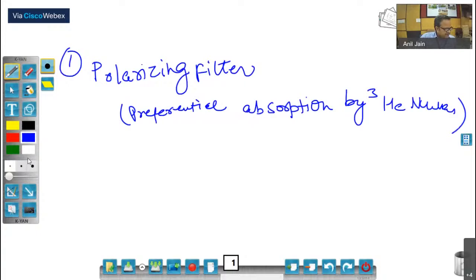And the other method is by polarizing mirrors and supermirrors. I think there will be a class in a coming lecture about this.